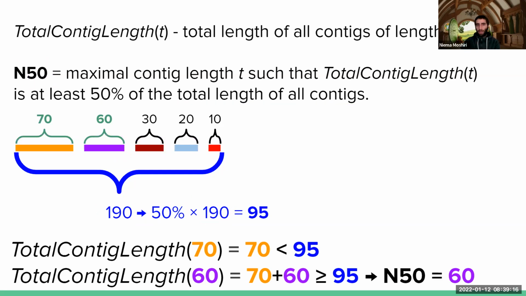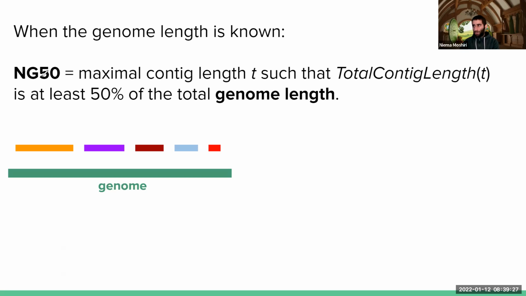There are biochemical techniques that can estimate the length of a genome without necessarily sequencing it. There's a similar metric called NG50, G for genome, where if we do know the length of the genome, it's the exact same metric, except instead of 50% of the total contig length, I use 50% of that genome length you magically told me.